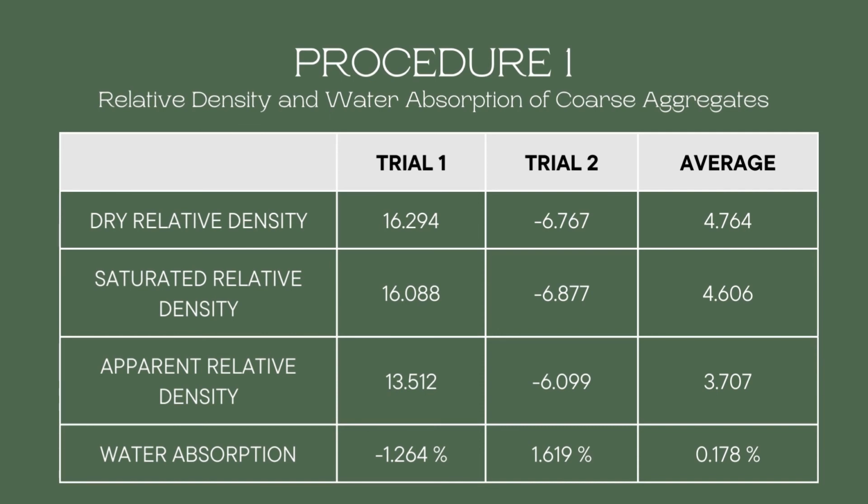Apparent relative density has a calculated average of 3.707, which is 13.512 on the first trial and negative 6.099 in the second. The average water absorption in the coarse aggregate is 0.178%.